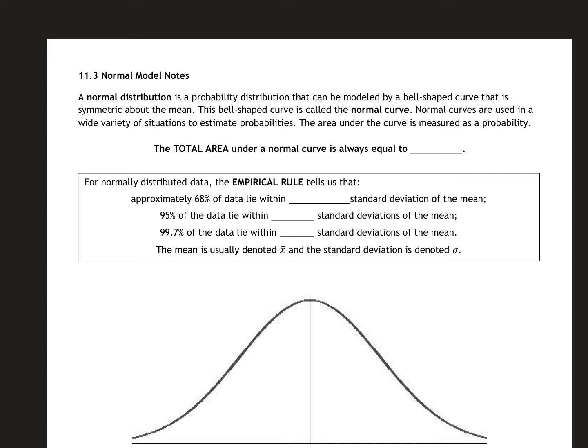So a normal distribution or normal model, you'll also hear this as a curve or distribution or model, as the definition says, is the probability distribution that can be modeled by a bell-shaped curve that is symmetric about the mean. So you always have the mean in the middle.